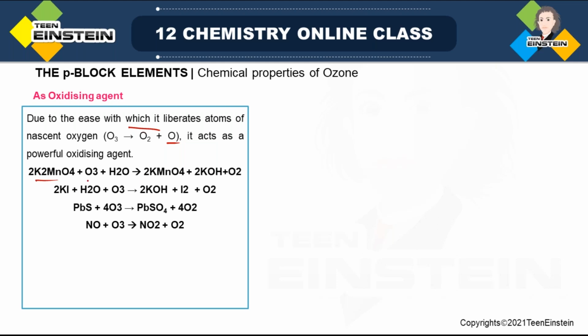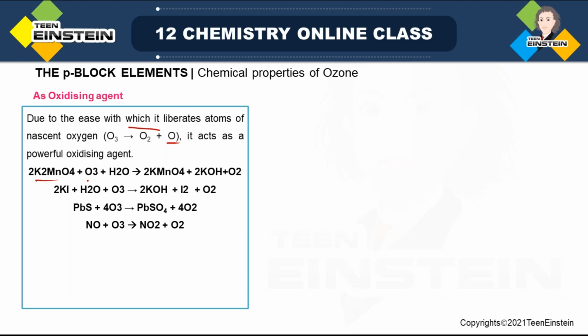Here the first example we have K2MnO4. It is not potassium permanganate, it is potassium manganate, where the oxidation state of manganese is +6. It reacts with O3 and is converted to permanganate, that is KMnO4. So from +6 now the oxidation state is +7. That means oxidation is taking place, and O3 itself is converted to O2.